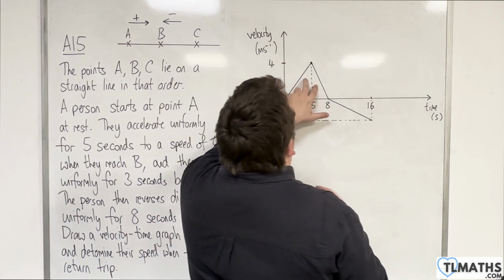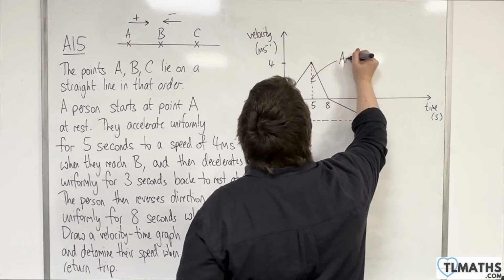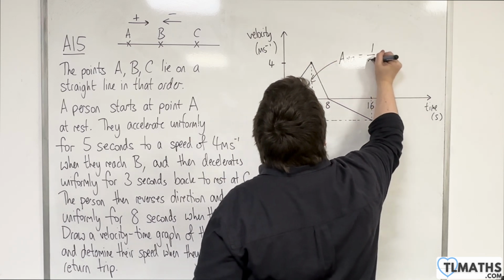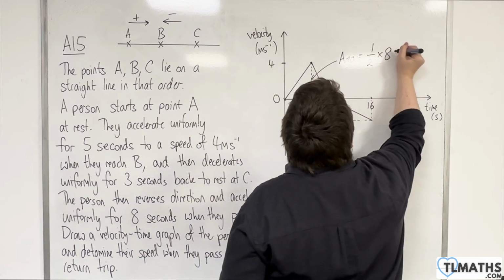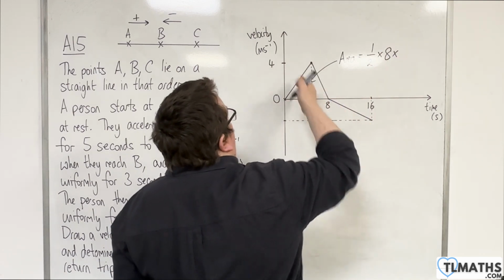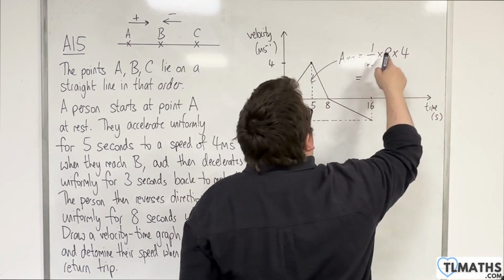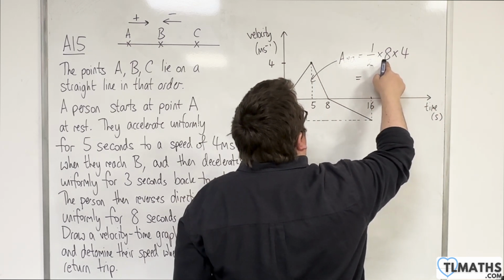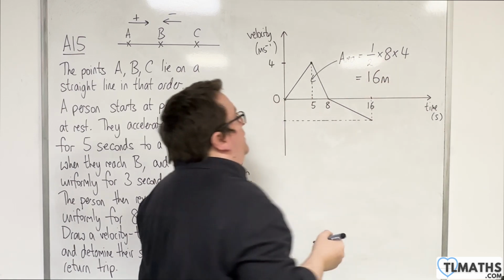So first of all, let's work out the area of this triangle. So the area here is 1/2 times the base, which is 8, times the perpendicular height, which is 4. So 1/2 times 8 is 4, times 4 is 16. So that's 16, and that would be meters.